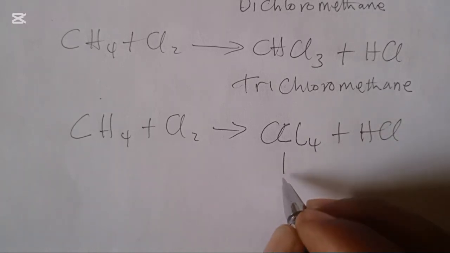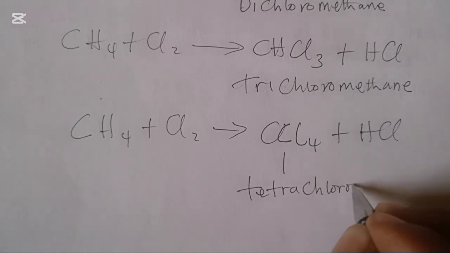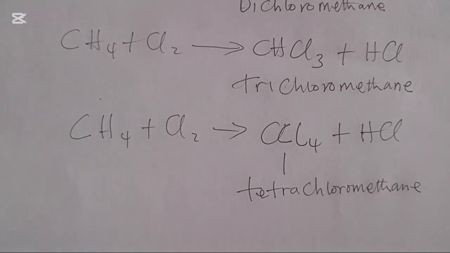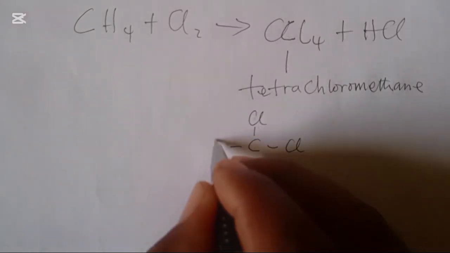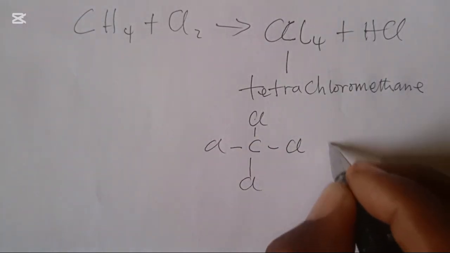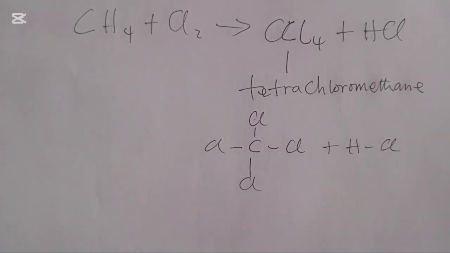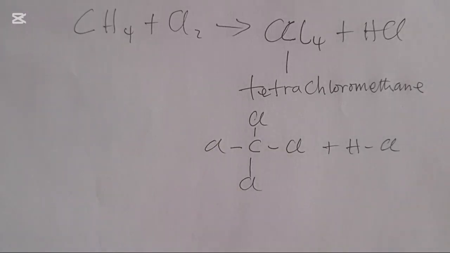So this is what we call tetrachloromethane. That's what we are going to have. And the structure is going to be like this, plus hydrogen chloride. So remember that this one, it is taking place under the condition of light intensity to break the bonds of what? Chlorine.